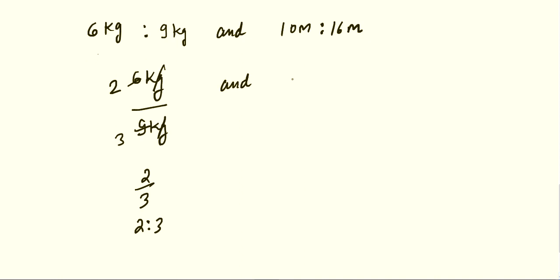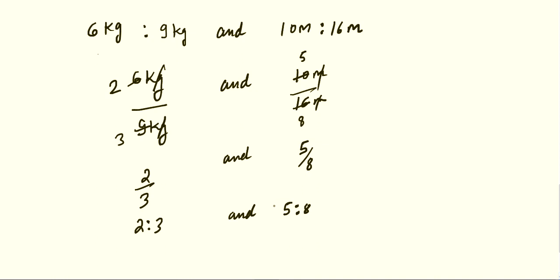And 10 meter upon 16 meter. Meter and meter get cancelled. Then 2 5s are 10, 2 8s are 16. So we are getting here 5 by 8. And 5 by 8 can be written as 5:8.